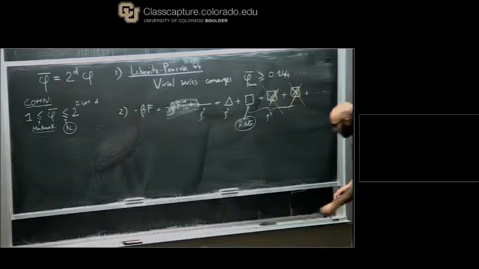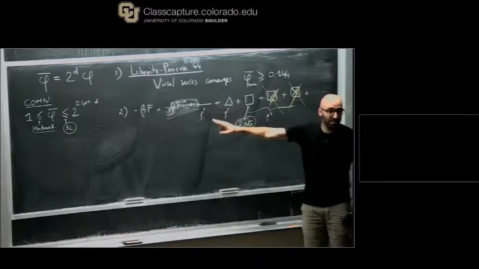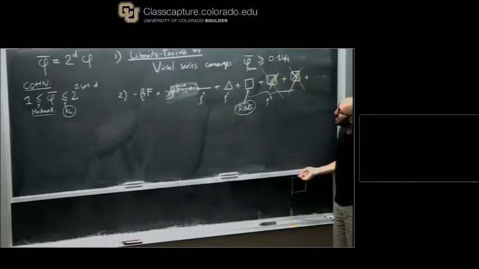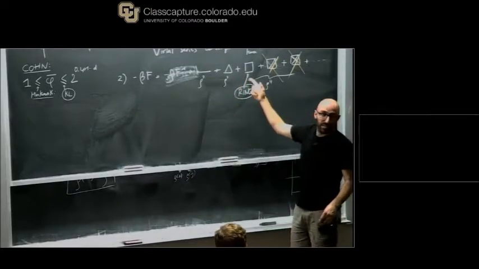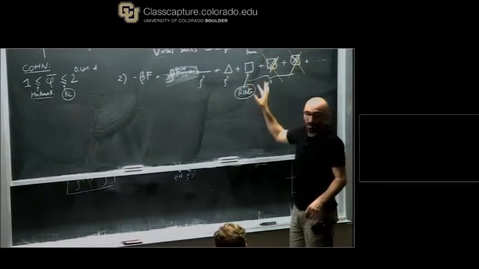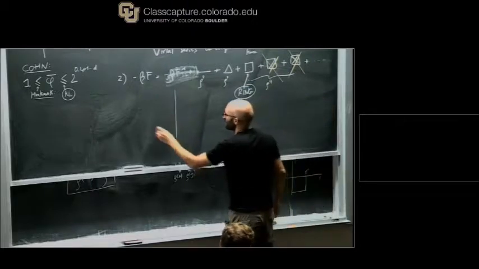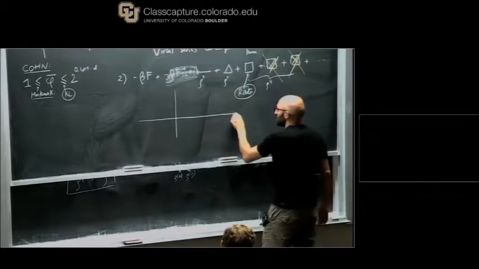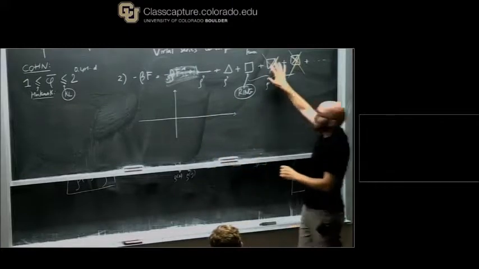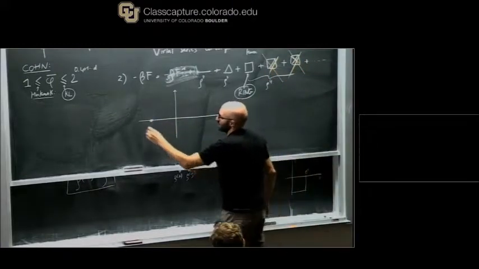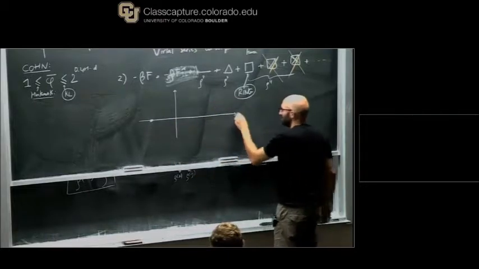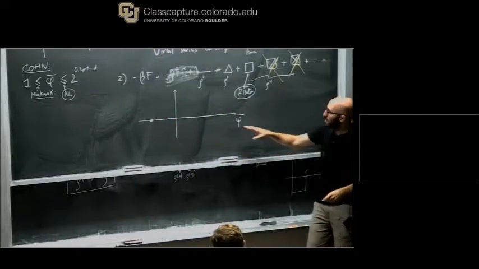OK, and then if you just look at the ring diagrams, what happens to the virial series? The ring diagrams are easy to compute by Fourier transform, so you can have an explicit expression for them. And what you find is that the series without the other diagrams has a pole when this is the density, phi bar. Now it's a series.